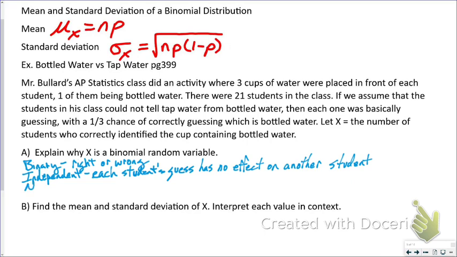Fixed trials. N equals 21. And success rate is constant.